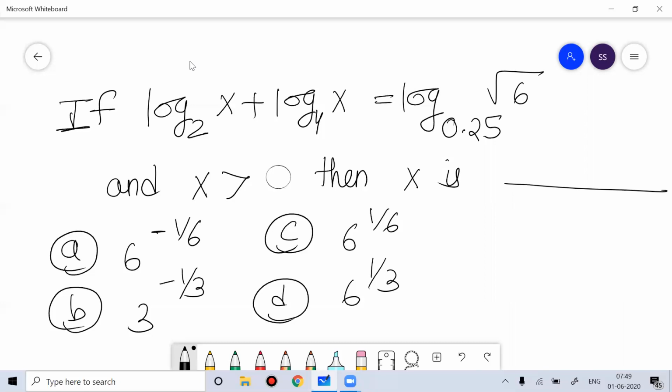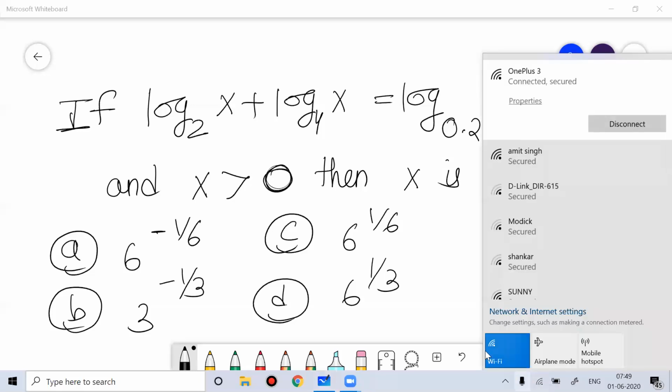If log base 2 of x plus log base 4 of x is equal to log base 0.25 of root 6, and x is greater than 0, then find the value of x. What is the value of x? You have to solve this question.